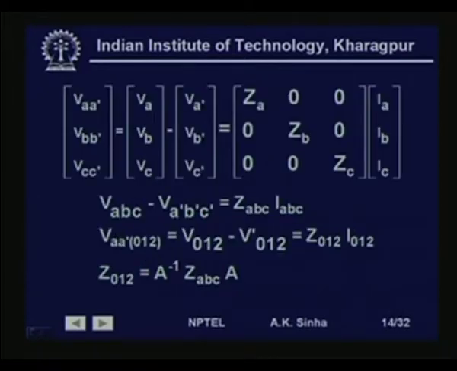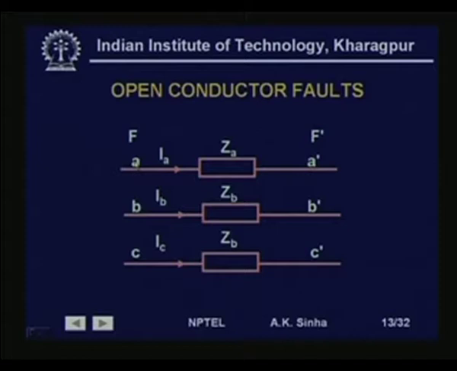So, again we can write down the voltage equation for this system as VAA', VBB' and VCC' in phase components. So, this will be equal to VA minus VA', VB minus VB', VC minus VC', which will be equal to ZA into IA, ZB into IB and ZC into IC. That is, if we see here, VA minus VA' will be nothing but IA into ZA. Here we are assuming there are no mutual couplings between these phase impedances.